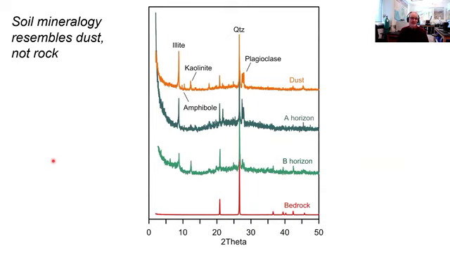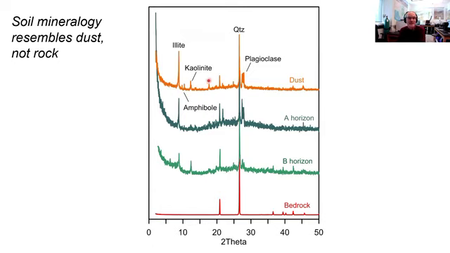The mineralogy of the material in the dust collectors is very, very similar to the mineralogy of the soil surface and subsurface horizons, and is very, very different, I suppose, than the underlying bedrock. So these are X-ray diffractograms showing essentially the characteristic peaks of various minerals, which I've labeled for you here.